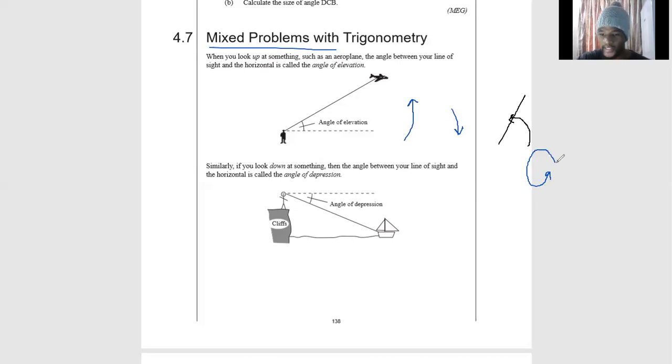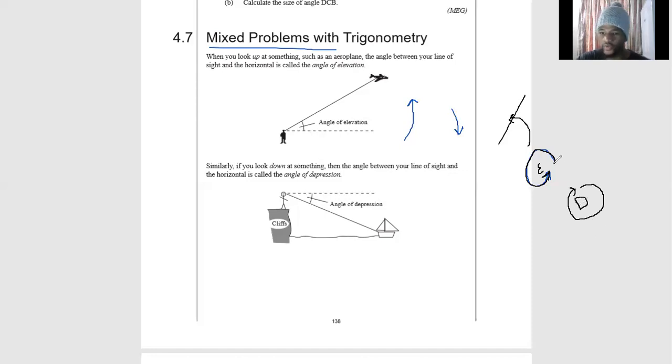So when we count angles, we go in an anti-clockwise direction, and those will be your angles of elevation. But when you go clockwise, the way the clock goes, those will be your angles of depression, right?